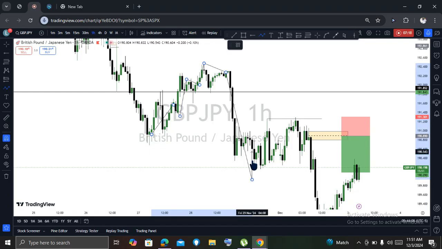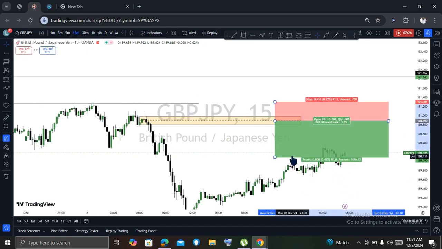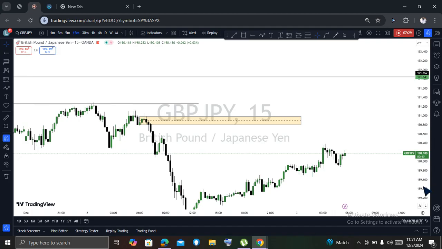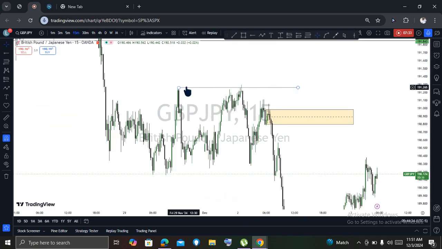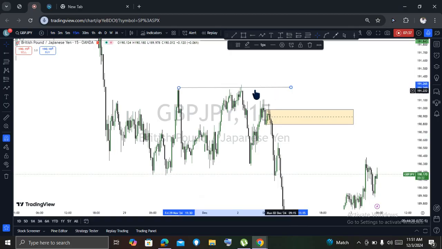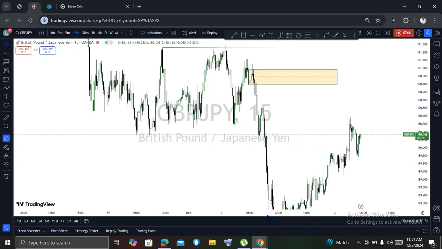So now, what I'm actually anticipating, what I feel about this trade is that for the fact that this trade has actually taken this high, it makes it a protected high.